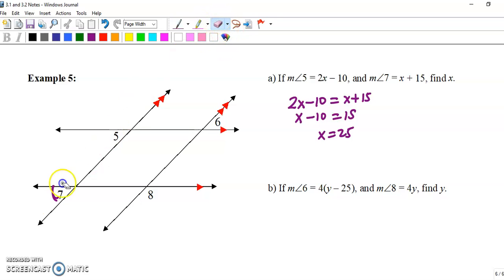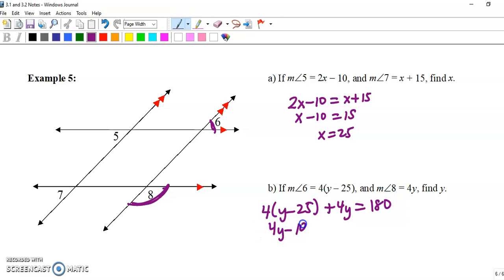Okay, if we're going to do angle 6 and angle 8, those are not the same size, which means they would have to be supplementary. So instead of setting them equal to each other, I would add them to get 180.